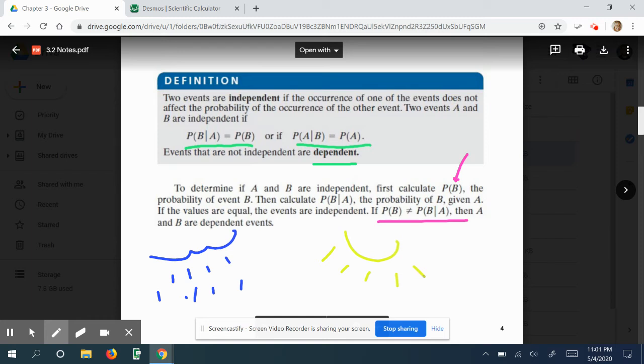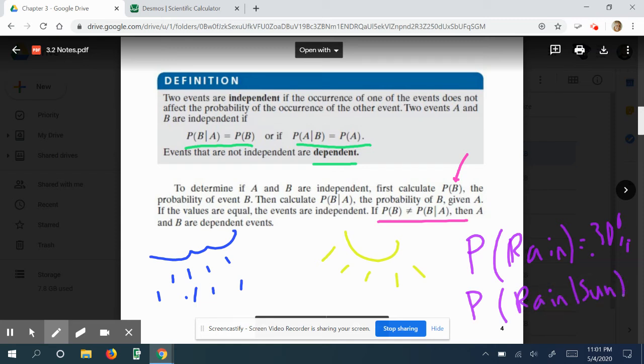So the probability of rain, given it's sunny out, the probability of rain is equal to 30%, and the probability of rain given sun, right, is going to be probably 0%, right? Raining, given that it's sunny outside, is 0%. So since they're not equal, we would say A and B are dependent events, right? And so if it's raining, it depends on if it's sunny or not sunny out, and vice versa.